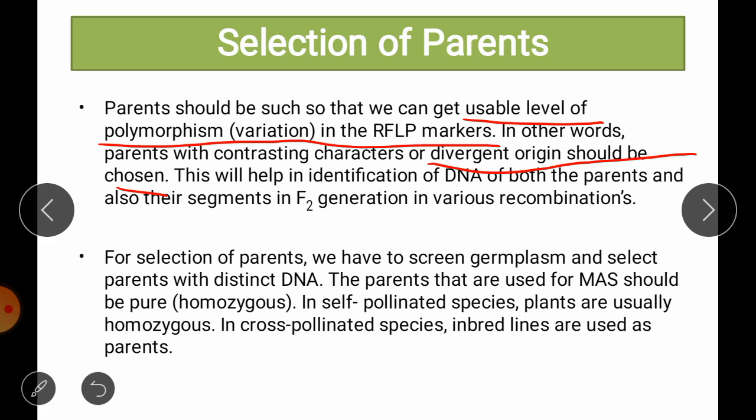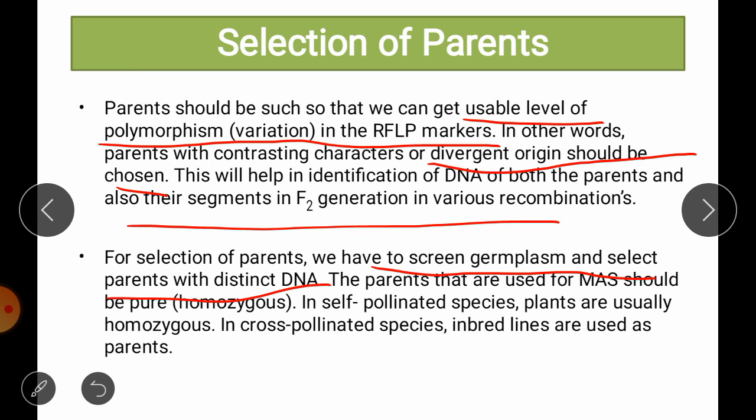Same as your other methods, both parents should have genetic dissimilarities, so that it will help you to identify the new population, or also their segments in F2 generation. So for selection of parents, we have to screen germplasm and select parents with distinct DNA.